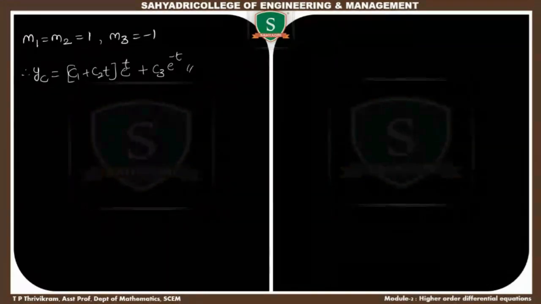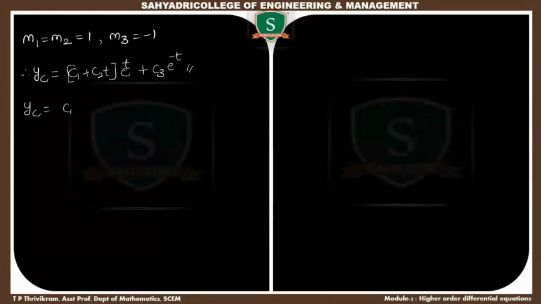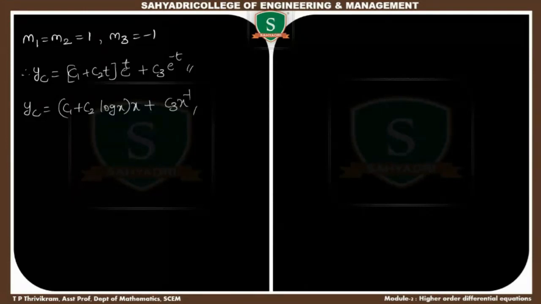Correct. So yc is equal to c1 plus c2 log x into x plus c3 x inverse. Okay, so e power t means x, x power minus 1 is there. That's it.